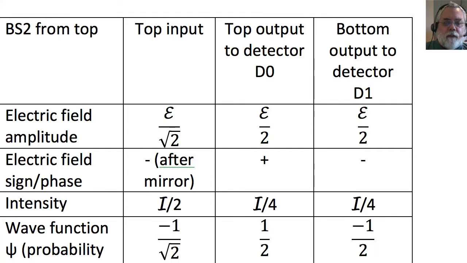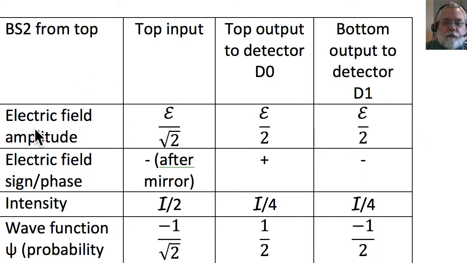So this table is what happens at beam splitter 2 from the top beam, and it has 3 columns: the top input, the top output to detector D0 due to the top input, and the bottom output to detector D1 due to the top path input.